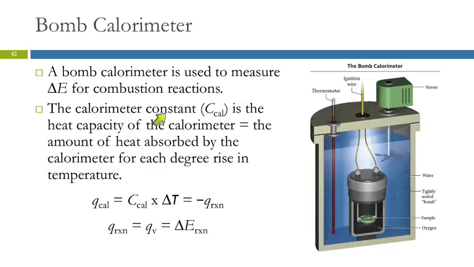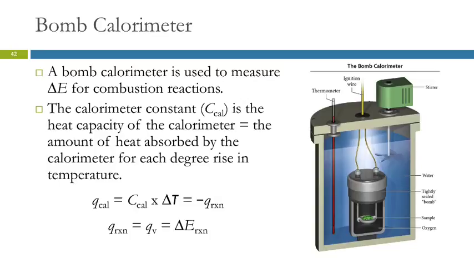So the calorimeter constant is the heat capacity of the calorimeter. So remember, there was heat capacity and there was specific heat capacity. Specific heat capacity was like joules per gram degree Celsius. The heat capacity was just joules per degree Celsius. And so because this bomb calorimeter's mass is always the same, we don't worry about having a specific heat capacity for it.